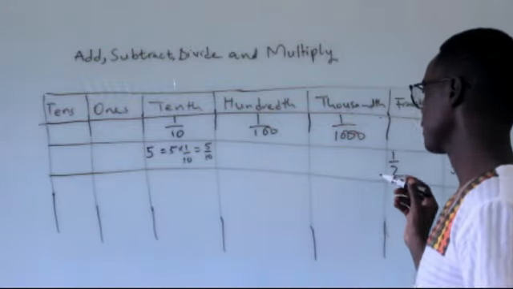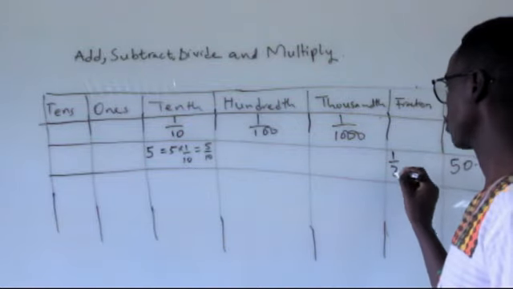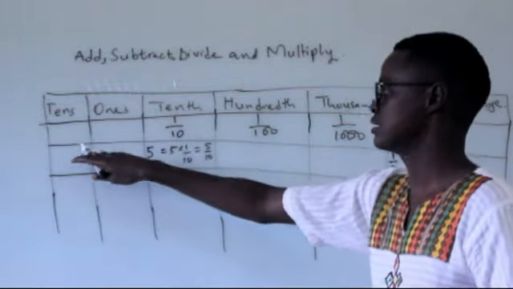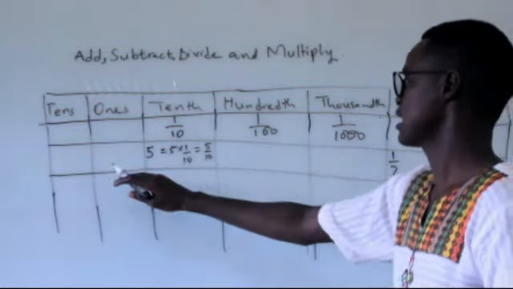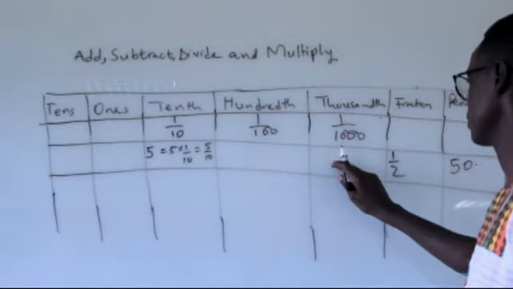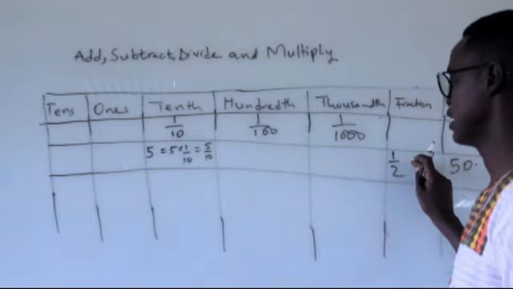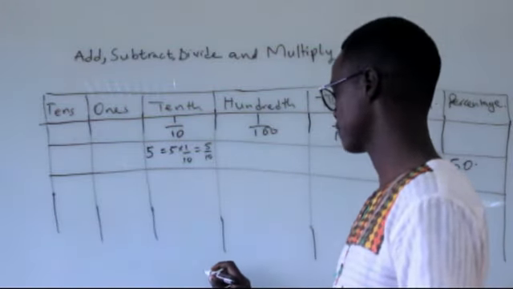Then the fraction we are given is a half. That's the fraction obtained from everything given in these boxes. So if we sum up this and that, we should get a half as our fraction. So let's see. But we know that this can be reduced using the knowledge of equivalent fractions.